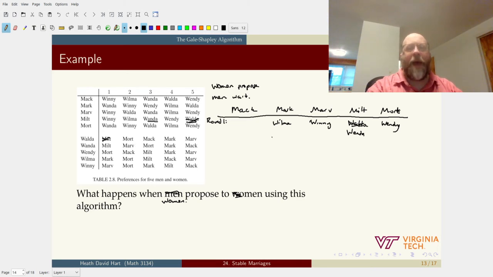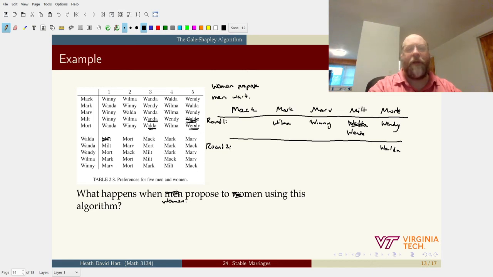So Walda goes back into the stag pool and lines up behind her second choice. And her second choice is Mort. And now Mort has to make a choice. Stay with Wendy, who approached him in round one, or go to Walda instead. And Mort looks at his preferences, and Walda is his third choice, but Wendy is his fifth choice.